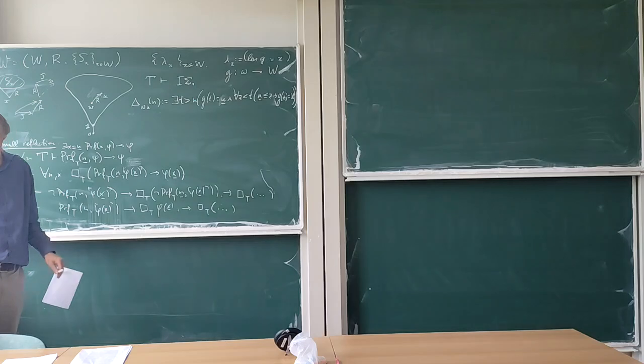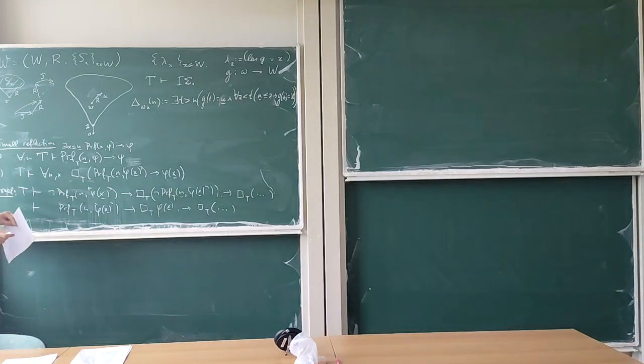But again, the meaning is exactly what is written here: for every number n, the formula of this form, with the actual numeral for n, is provable in T.